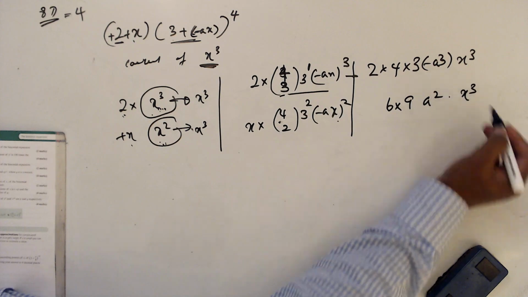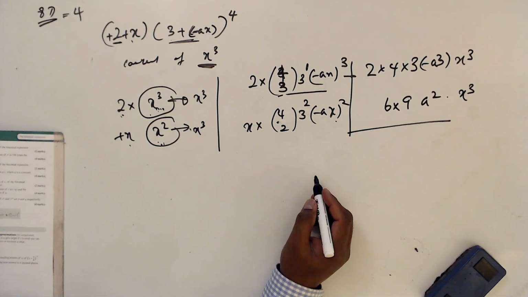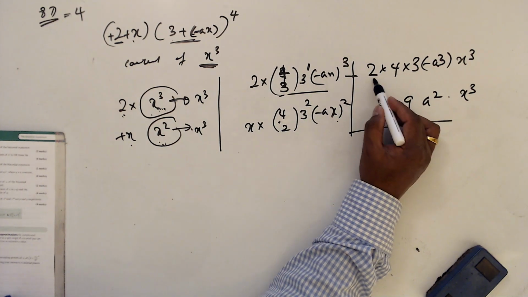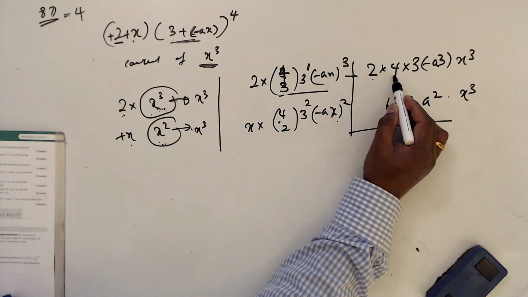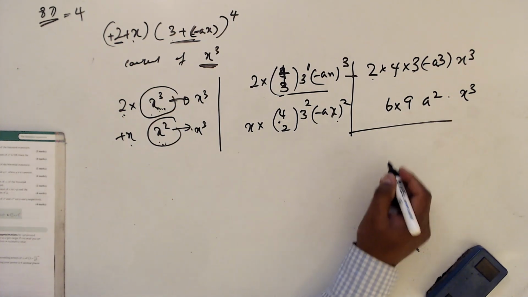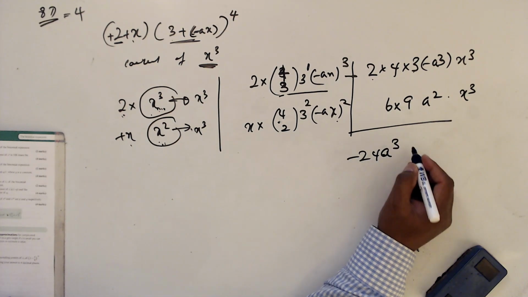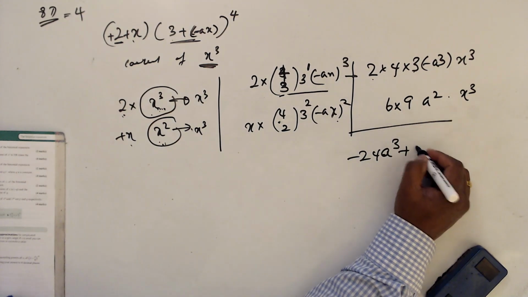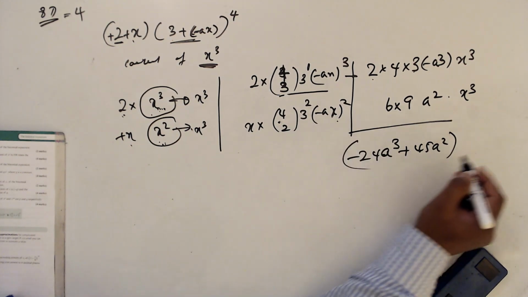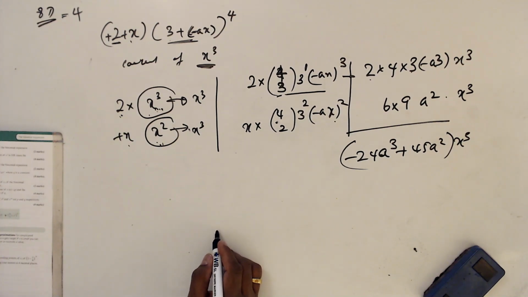Now those are the terms you can find. So this is 2 times 4, 8 times 3, 24. Minus 24a cube plus 45a square times x cube. This is the x cube term.